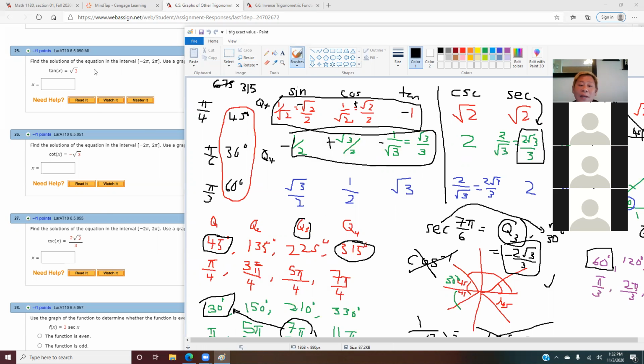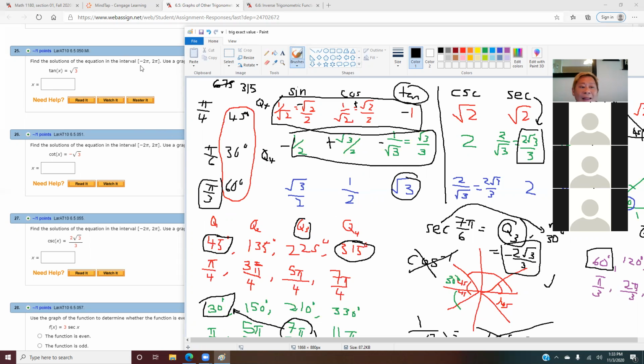For example, here it says that the solution has to be negative 2 pi to 2 pi. Tangent x is √3. So when you look at tangent and you got √3, your answer in this case will be pi over 3 or 60 degrees. So this answer is going to be pi over 3.